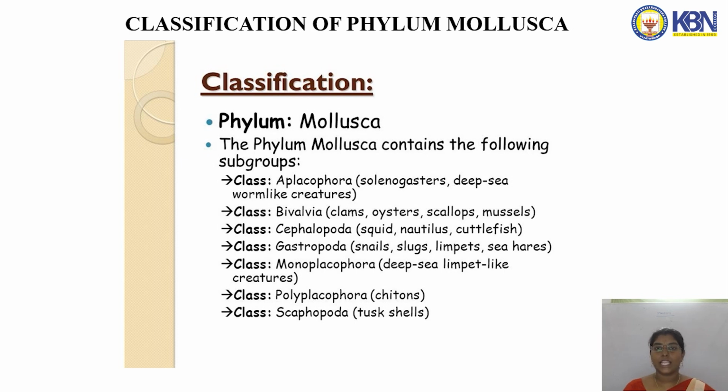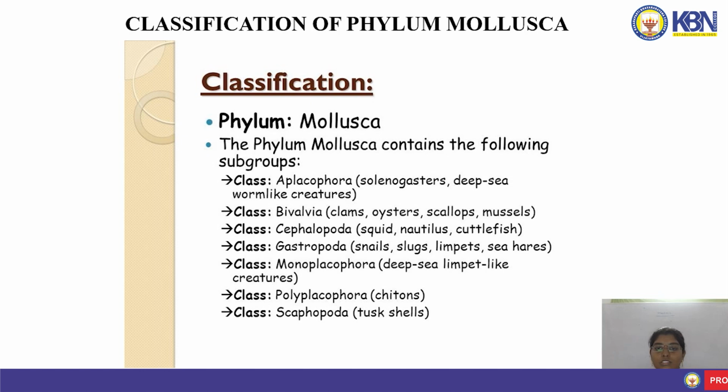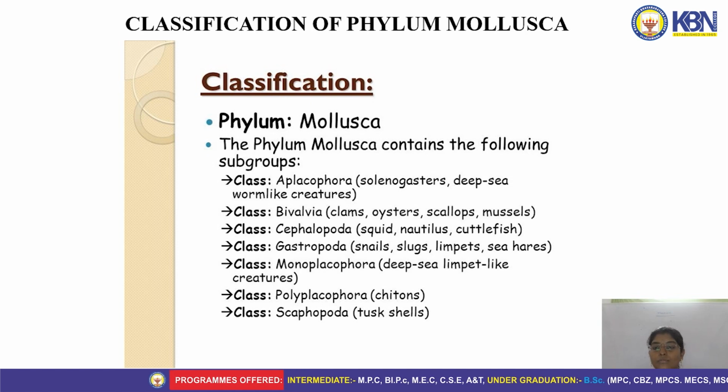Next, classification of phylum Mollusca. Phylum Mollusca contains the following subgroups. Class Aplacophora, which consists of solenogasters, deep sea worm-like creatures. Next class, Bivalvia: clams, oysters, scallops, mussels. Next class, Cephalopoda: squid, nautilus, cuttlefish.